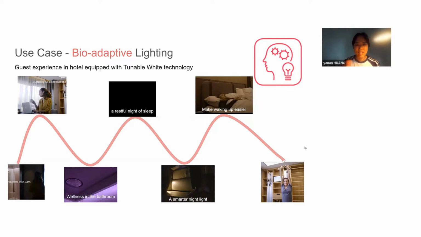At night, at bedtime, the lights can be turned down to 0 lumen to guarantee a restful night. During the night, if the guest briefly gets up, the lights in the lower part of the room will come on with a warm color to ensure basic visibility, so that the guest's sleep will not be interrupted by blinding lights.